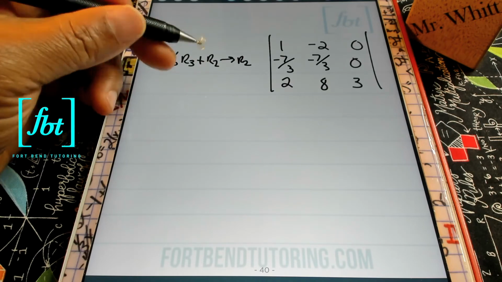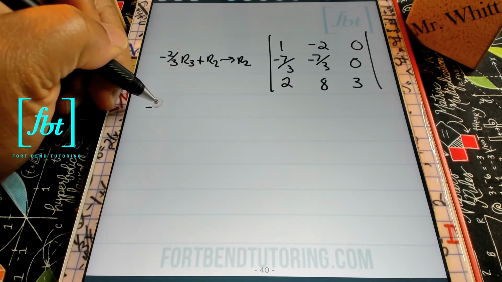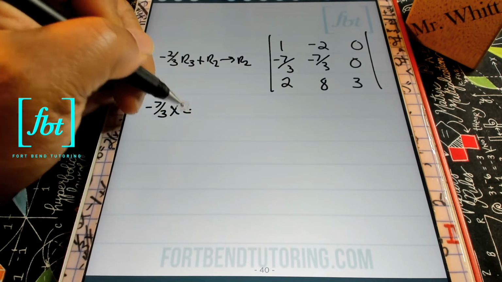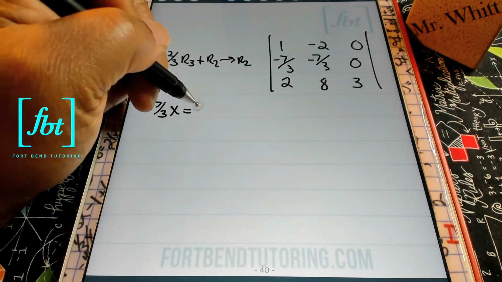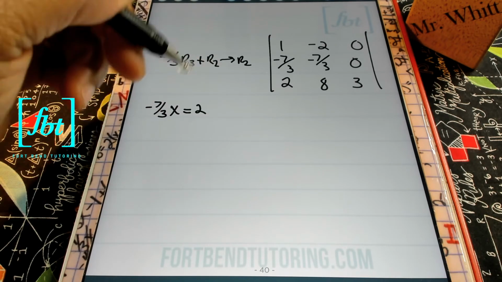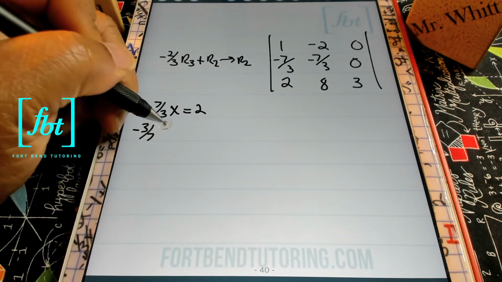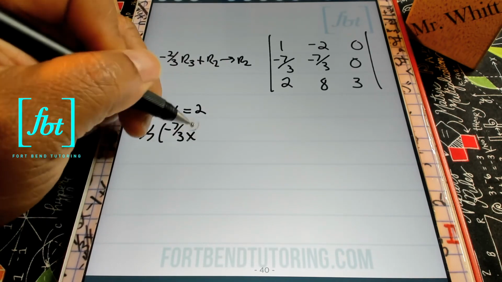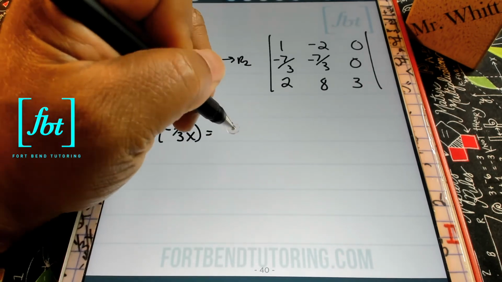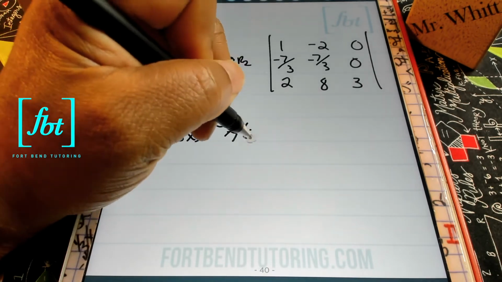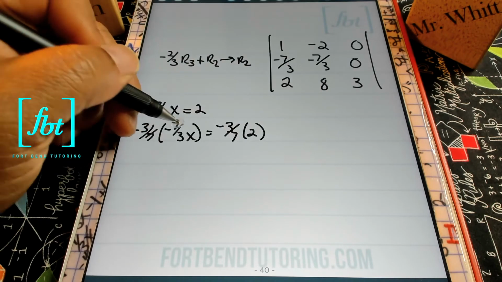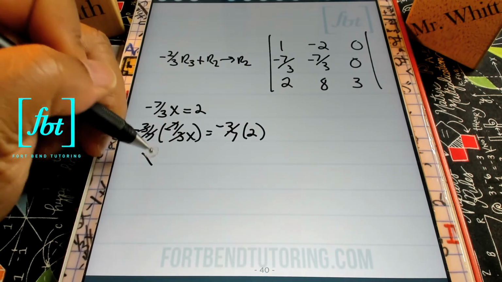So doing a little algebra here, I can show that if I take negative 7/3 and multiply it times a number, I need that value to equal positive 2. Well, by multiplying both sides by the reciprocal of negative 7/3, which is negative 3/7, you can find out exactly what that value needs to be. All that cancels out to leave your variable x.